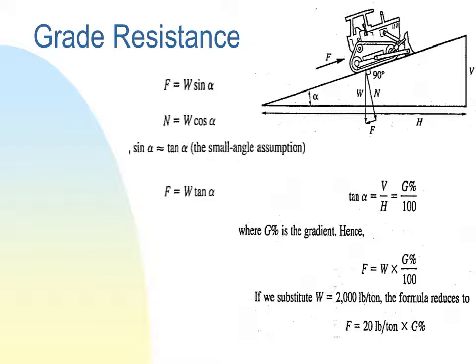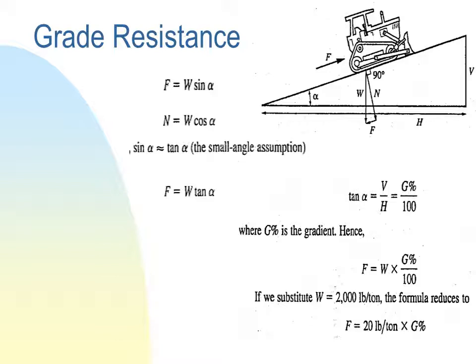And of course, when we have small angles, we know that sine alpha is approximately equal to tan alpha. So actually F equals W tan alpha. And this tan alpha is what we call the percentage grade. So this is V over H, which is the percentage grade, G as a number over 100%.